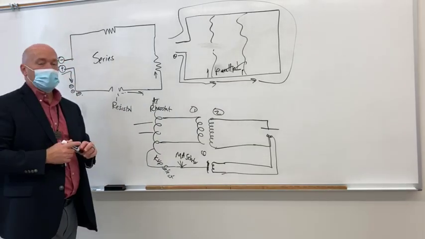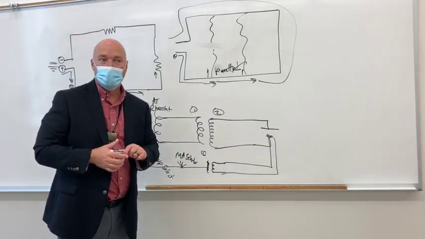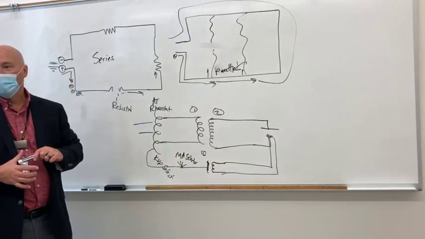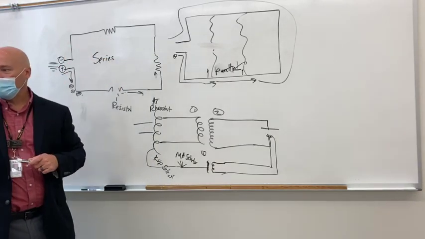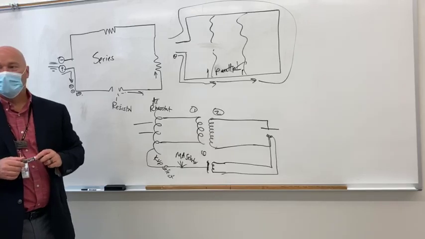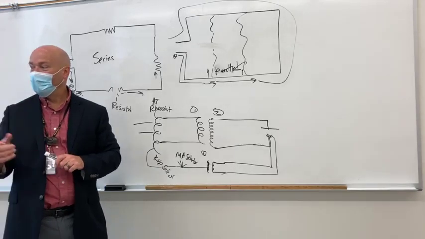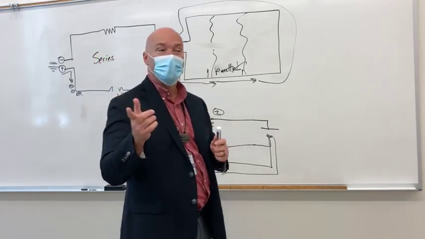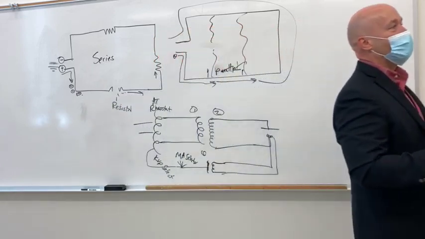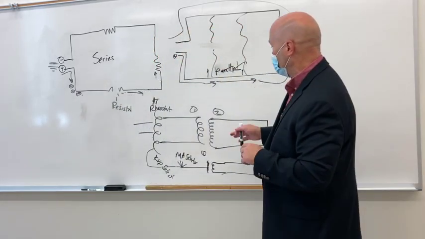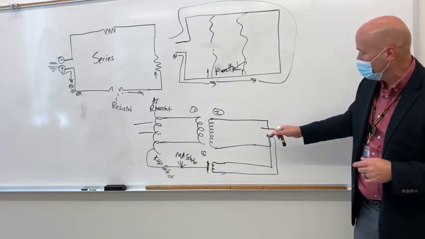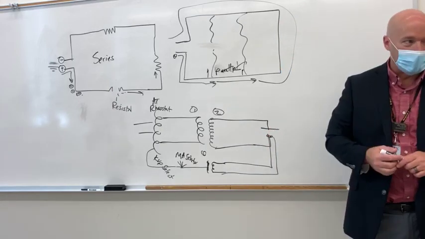So how many filaments do you have in an X-ray tube? How do you control your focal spot? Not the mirror. Not the collimator. Your focal spot is where you actually make the X-rays on the face of the anode.